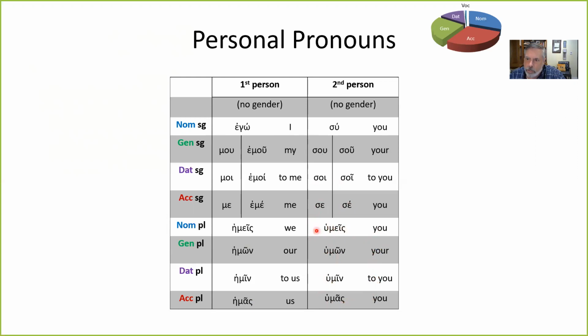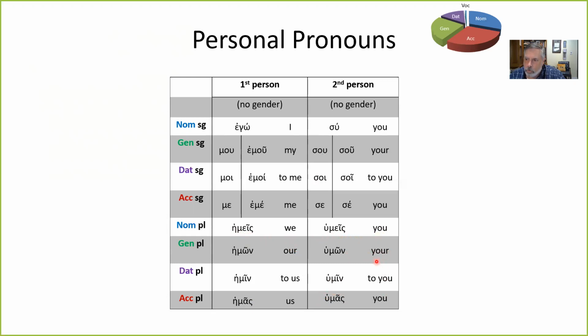We saw the pattern last week with the hemes, humes, hemon, humon, hemin, humin, hemos, humos, in which they're all rough breathings, but we move from the eta with the rough breathing to the upsilon with the rough breathing, and then we're in the second person, being you in the nominative subject case, your in the plural genitive, giving possession.